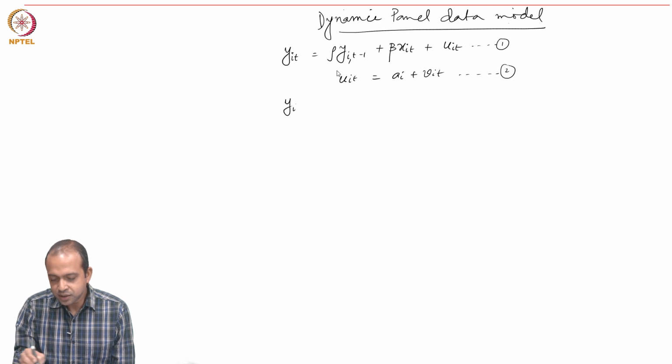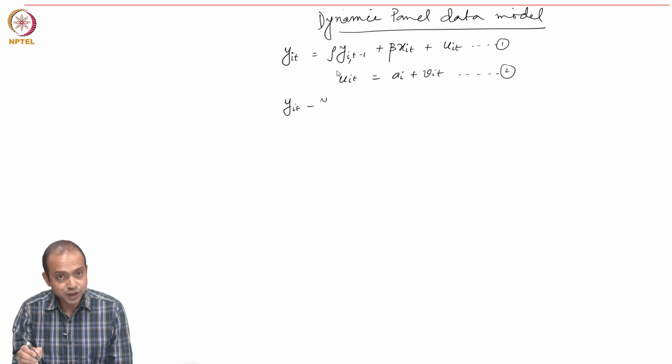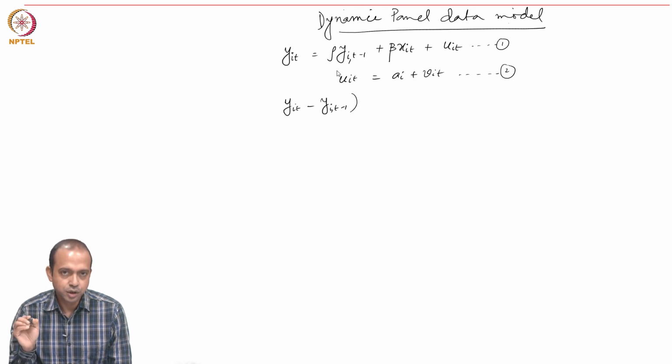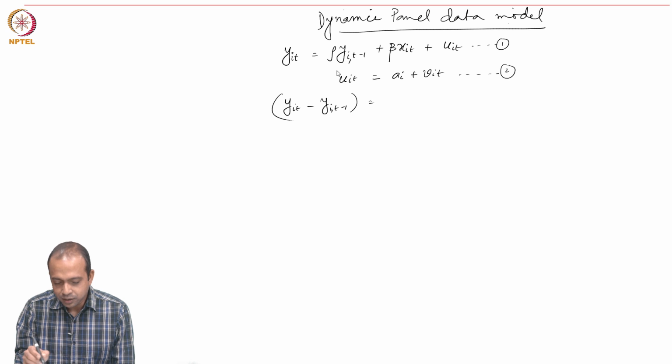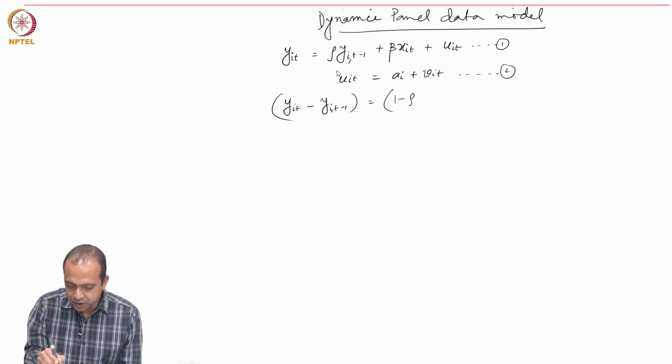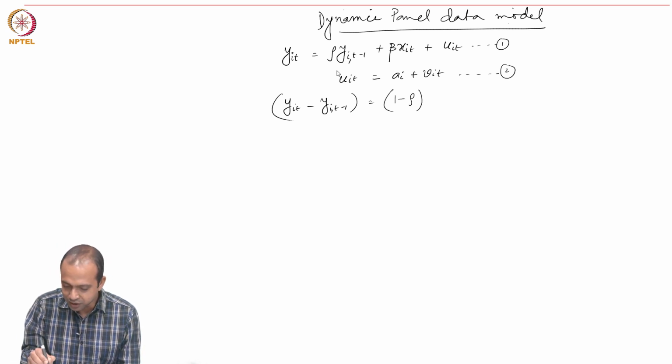So this is the model, and by partial adjustment we mean that rho should be less than 1. If rho is less than 1, only then do we get a partial adjustment model.